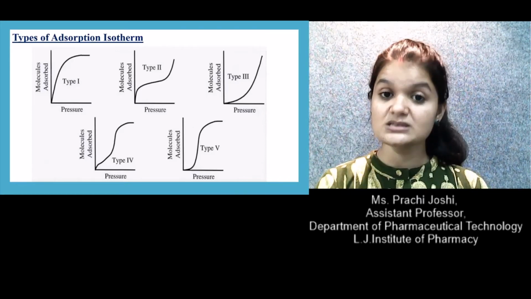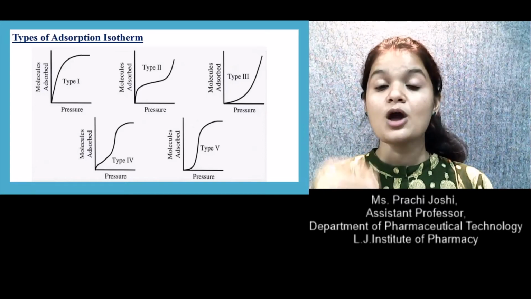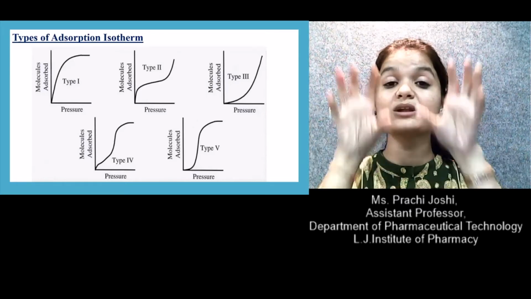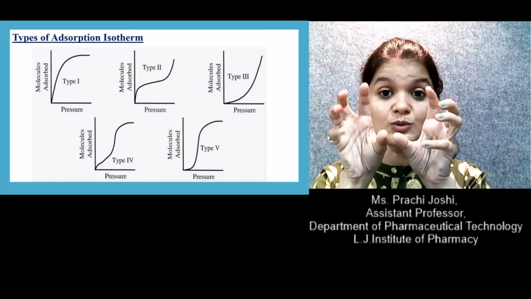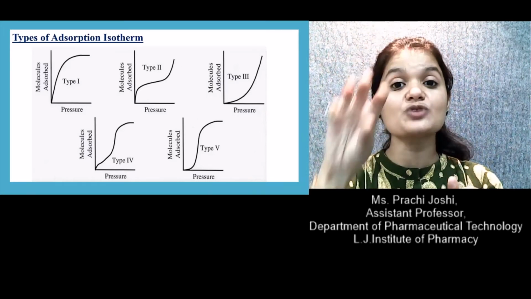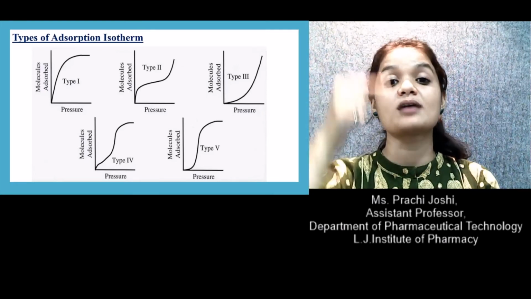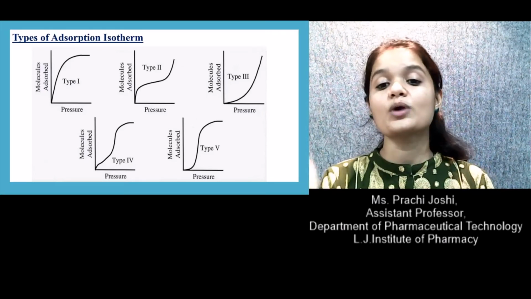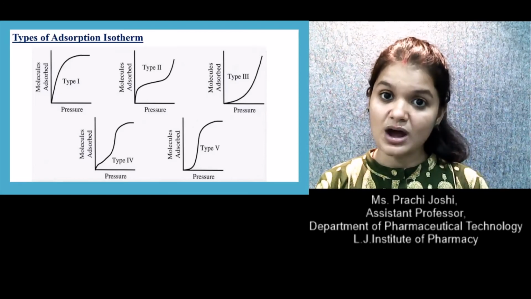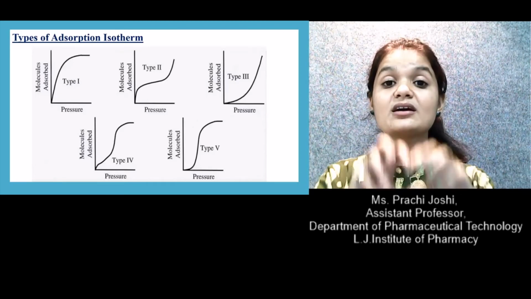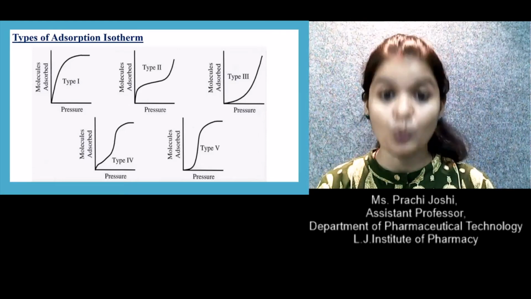What happens is, upon forming a multilayer, the first molecules which are adsorbed as a monolayer will start condensing and penetrate inside the pores and form a monolayer around it again. Correct? Now the last graph: it is not forming any monolayer, instead the molecules arrange themselves into the pores.